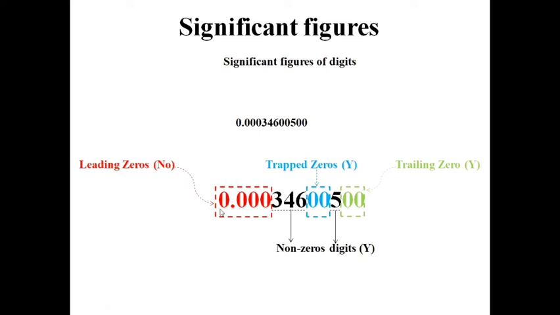Here all the leading zeros are not significant, and these are the non-zero digits. They are significant figures, and the zero trapped between two non-zero numbers is significant, and the trailing zero is also significant. It means there are 8 significant figures in this number.